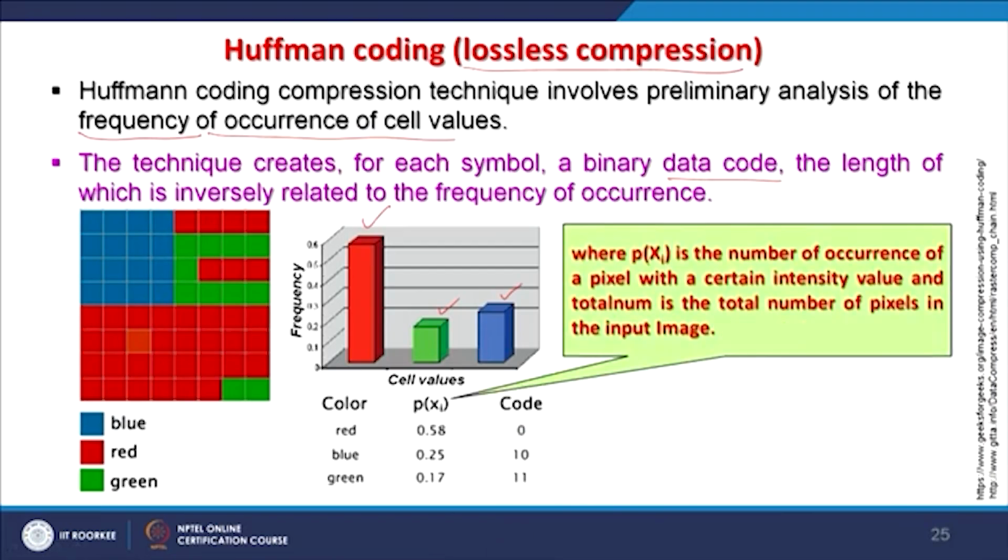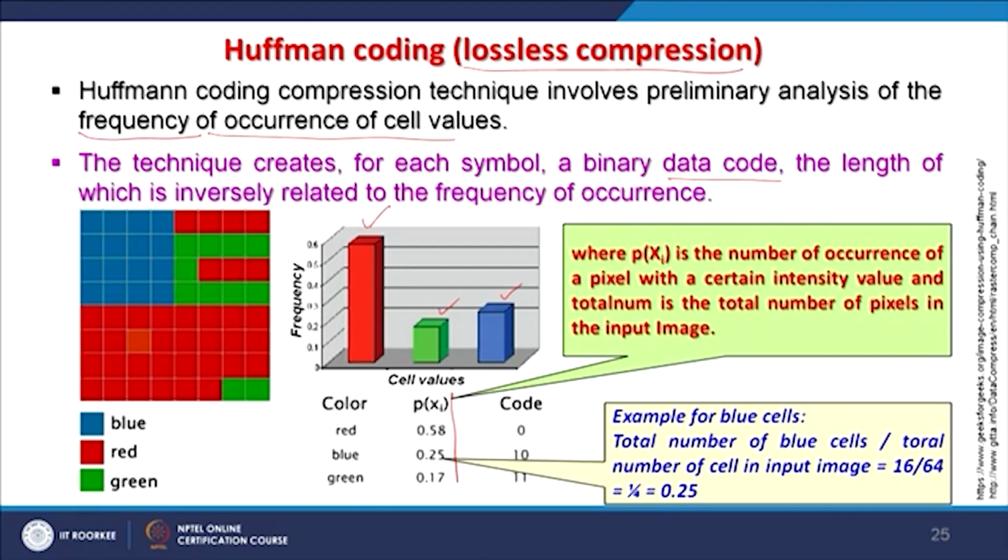Where this pxi is the number of occurrences of a certain intensity value, and total num is the total number of pixels which are in the input. So how many pixels are having the same value, that will also be given there.